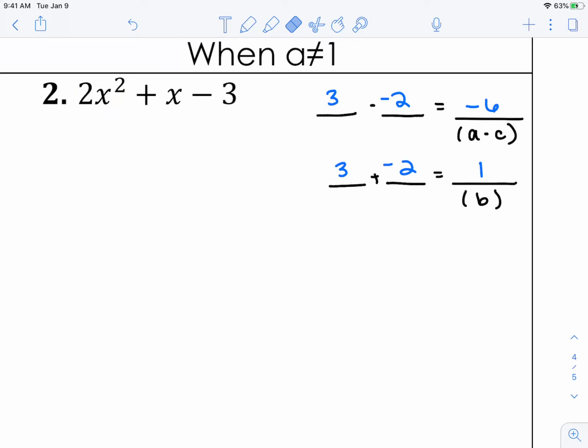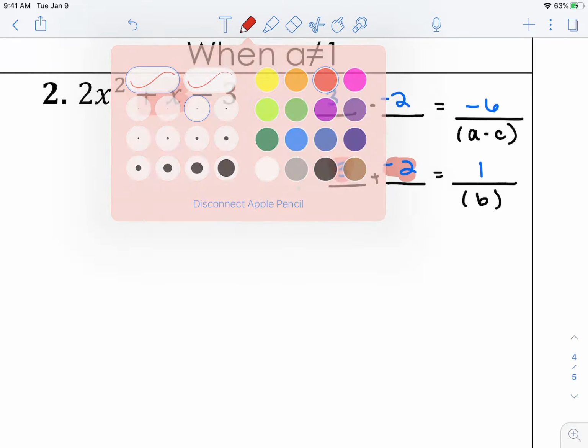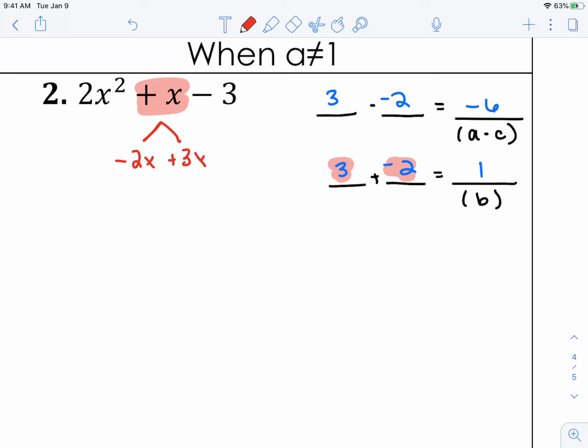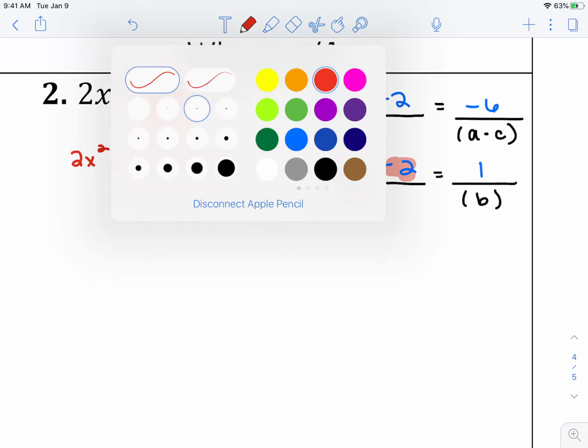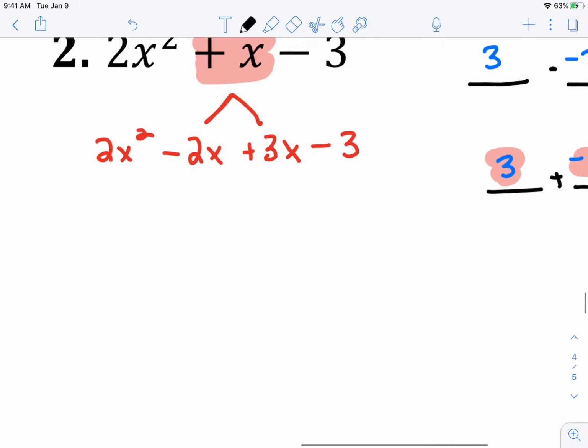Our second step is to take these numbers and replace our b value. So instead of x, I'm going to write negative 2x and a positive 3x, because those are the same thing. Negative 2x plus 3x is just x. And then this becomes a factor by grouping problem.